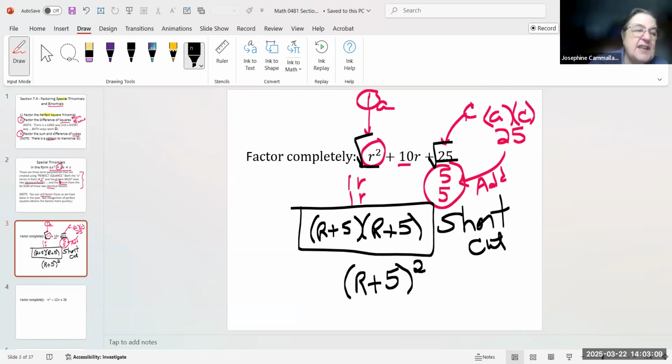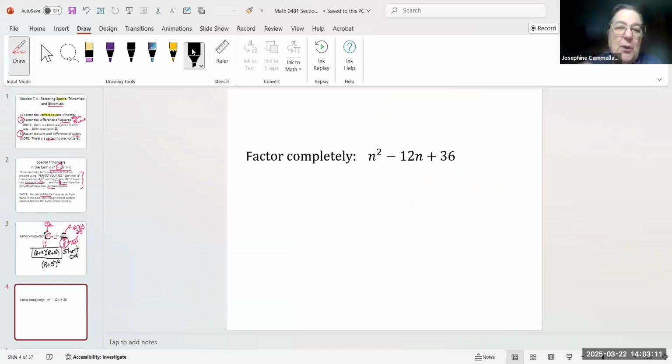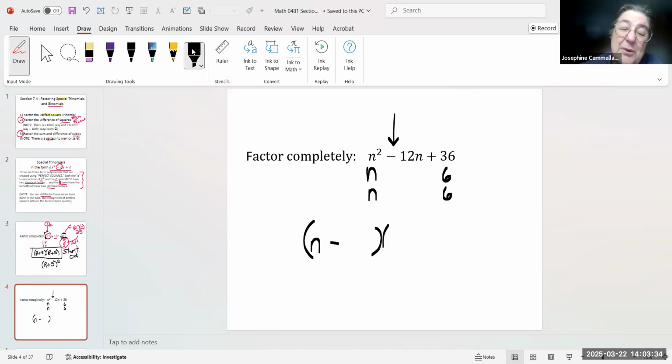Okay, let's try this again. Okay, this is n times n. We still have a minus, but 36 is 6 times 6. If you remember, this would give me n minus some number, n minus some number, because remember, we want 36.